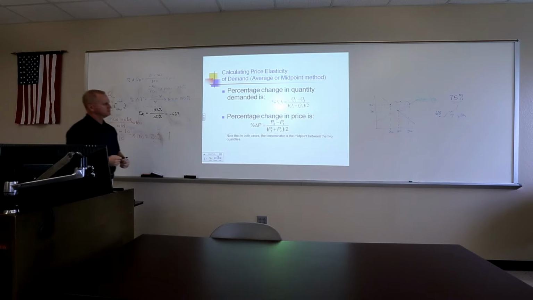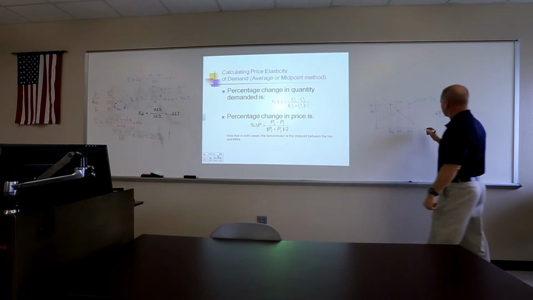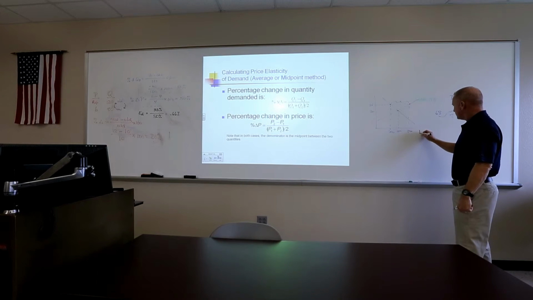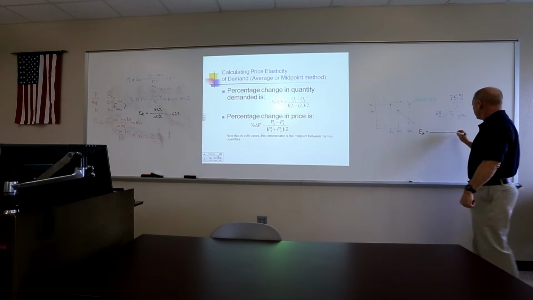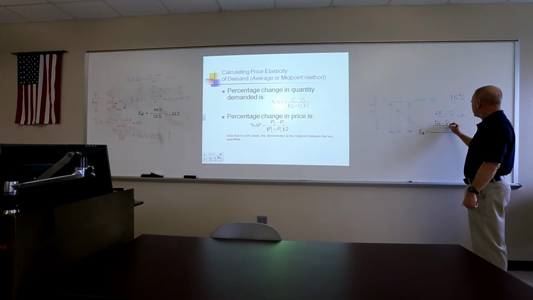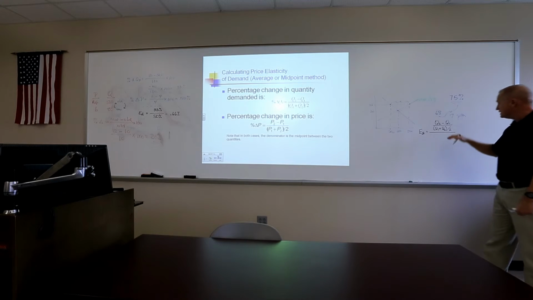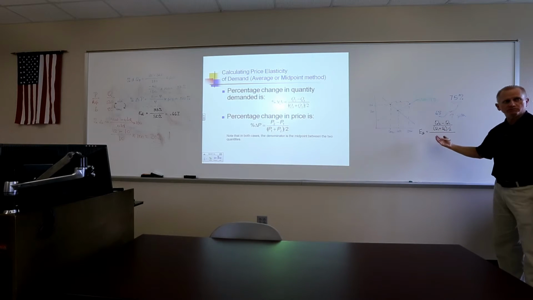So if I rewrite the whole thing over here, for the elasticity coefficient, it would be Q2 minus Q1, this will be the top of it, divided by Q1 plus Q2, divided by 2, that's where you come up with the average.